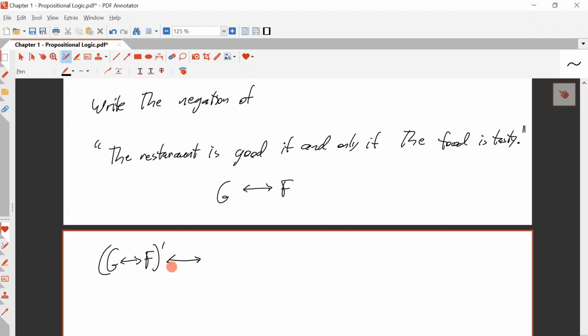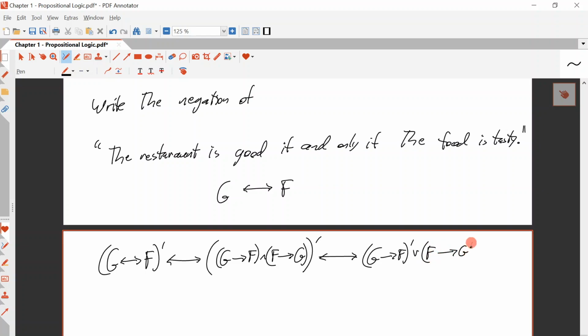So, by the double implication tautology, this is G implies F and F implies G. And we're negating that. Via De Morgan's law, this is not (G implies F), or not (F implies G).